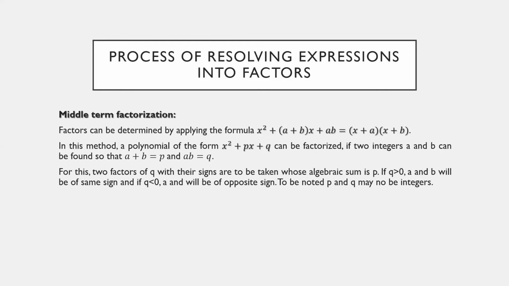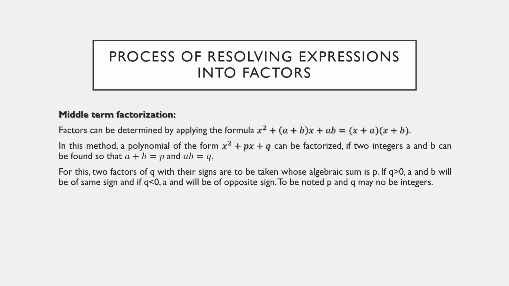For this, two factors of q, with their signs, are to be taken, whose algebraic sum is p. So here we have to factorize q first, as we have factorized numbers in arithmetic, and select two factors of q such that their algebraic sum will be equal to p.